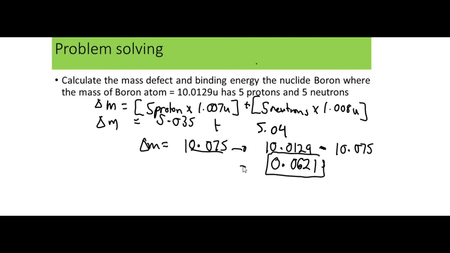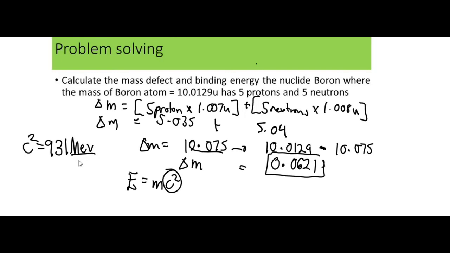Now that we have our m, let's get the binding energy. So remember this formula. So remember, c squared is equal to 931 MeV over u.